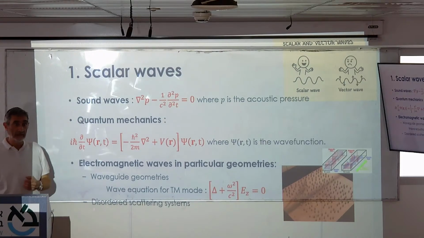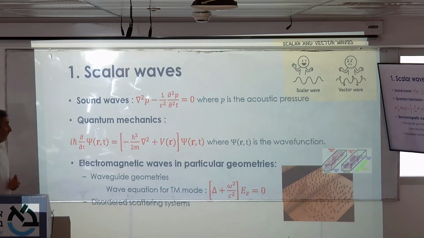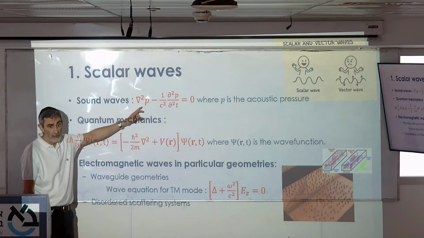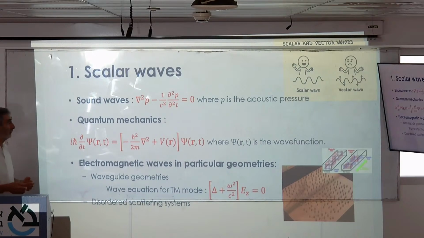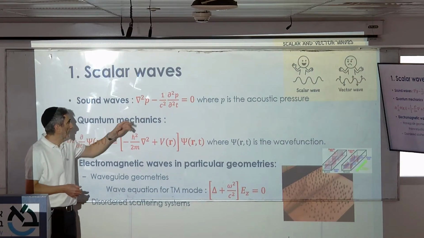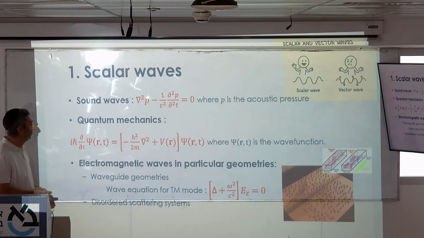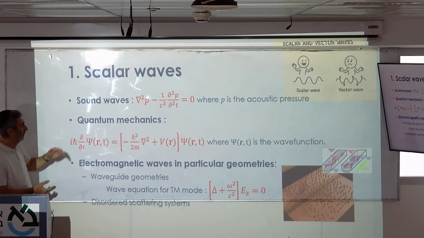This is typically a scalar wave. The scalar wave is described only by one number. That's the idea: to have only one number to describe the wave. So P is a scalar here. P is the pressure, and that's the only quantity that describes the sound wave. So that's to give an example.